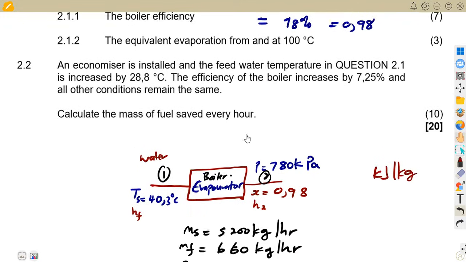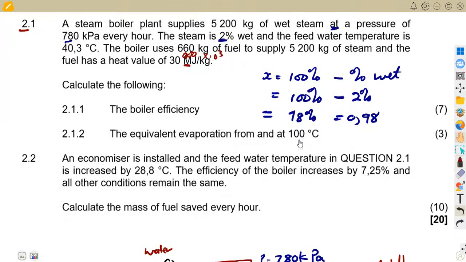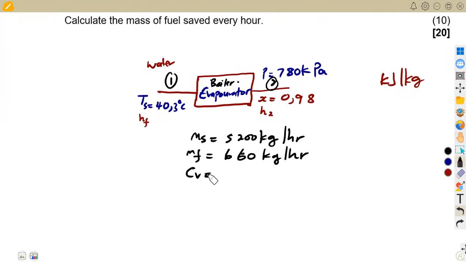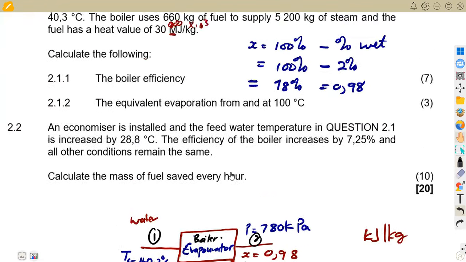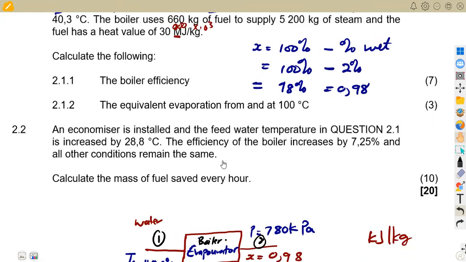So it is best for us to also have this in kilojoules per kg. We multiply by 1,000, that is 10 to the exponent of 3, to get from mega, so it will be 30,000 kilojoules per kg of the fuel. Then the question is, with this information that we have, to calculate the boiler efficiency.